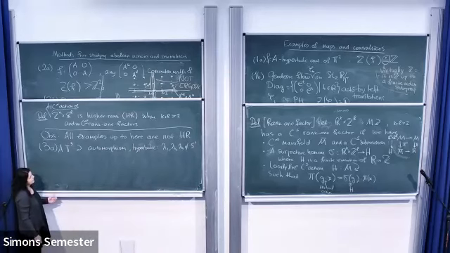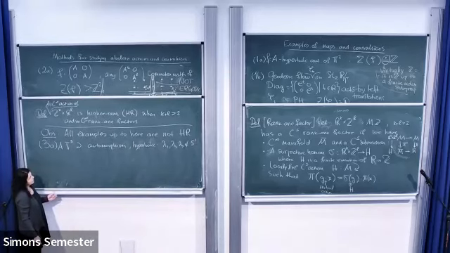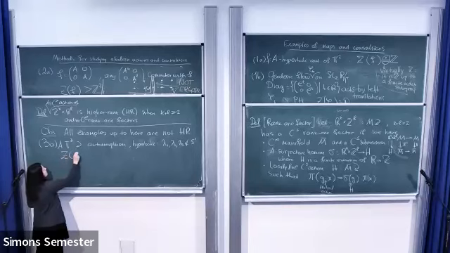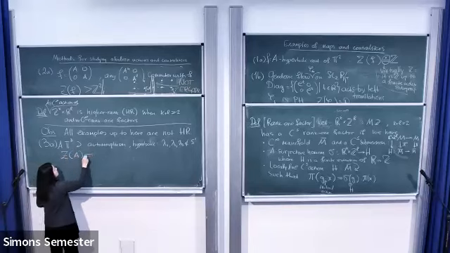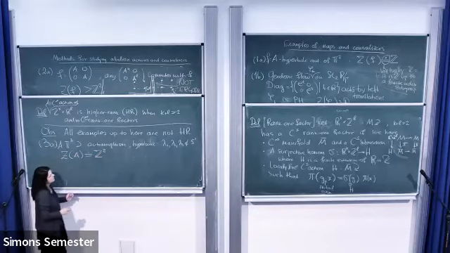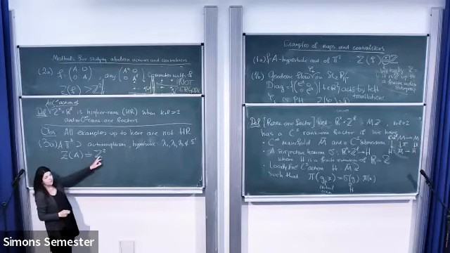And then it's fairly easy to see, and that is a general statement, that such things have a centralizer which is virtually Z2, which is affine.